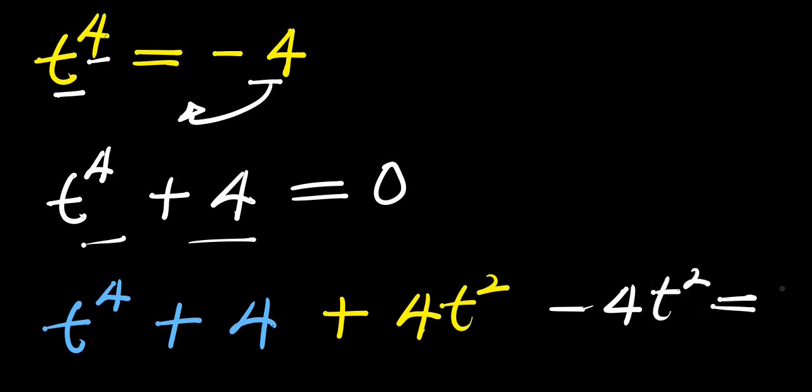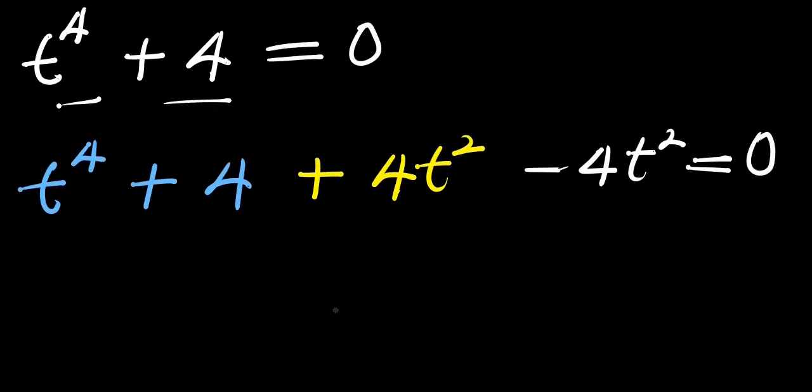And this equals 0. Now, let me explain what happened right here. 4t squared here is positive and this one is negative. So, if you subtract this 4t squared from this 4t squared, you are going to have 0. That means we haven't really changed anything, because if you subtract this 4t squared from this other 4t squared, it will give you the original equation. But we have added this so that we can easily factorize.